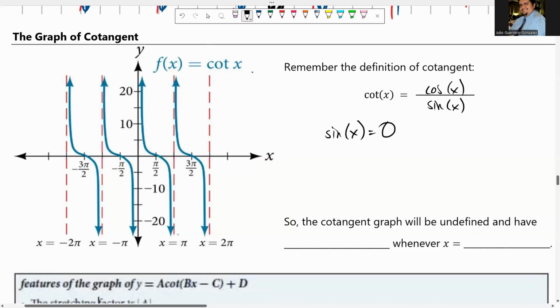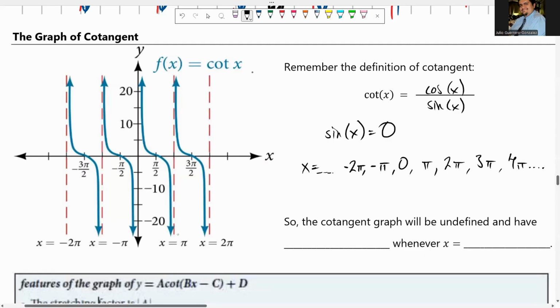If you recall how sine and cosine work on the unit circle, sine is the y portion. So then that means these values, 0, pi, 2 pi, 3 pi, 4 pi, and they go backwards too, minus pi, minus 2 pi, and so on, and then on the other side.